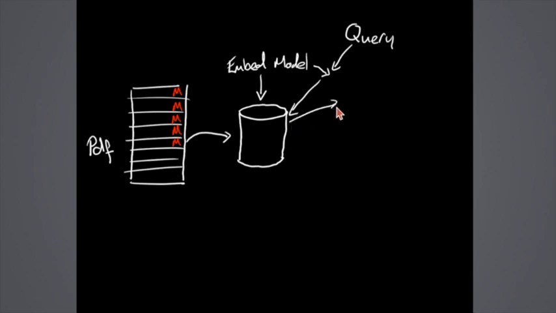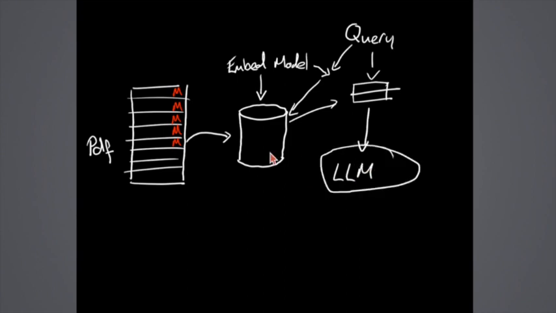Let's say we've got a couple of those relevant results. That query and those relevant results are passed to the large language model, which comes up with some sort of response.